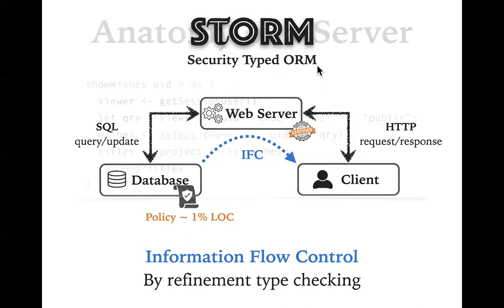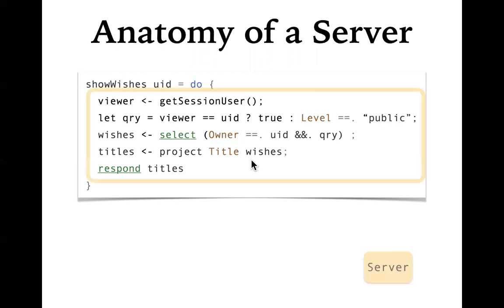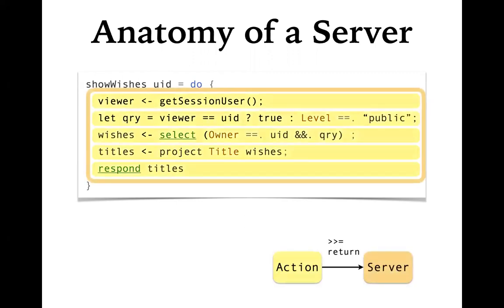In order to explain that, let me go back to the very simple example we had, and I'll try to explain what I mean by refining the layers of the ORM. Remember, there was this show wishes controller that I showed you right at the beginning, where you check who is the user and check if the level is public, etc. Now think of this entire snippet as the server code.